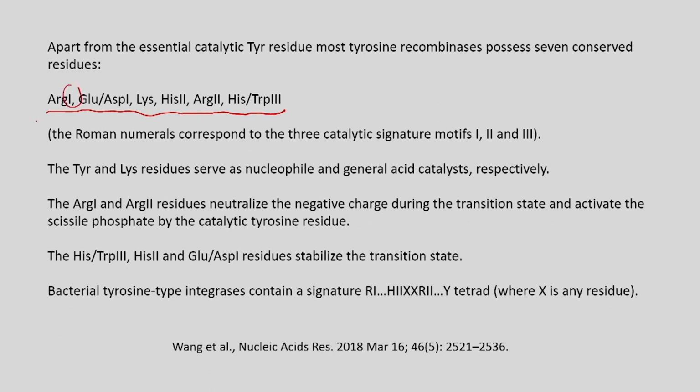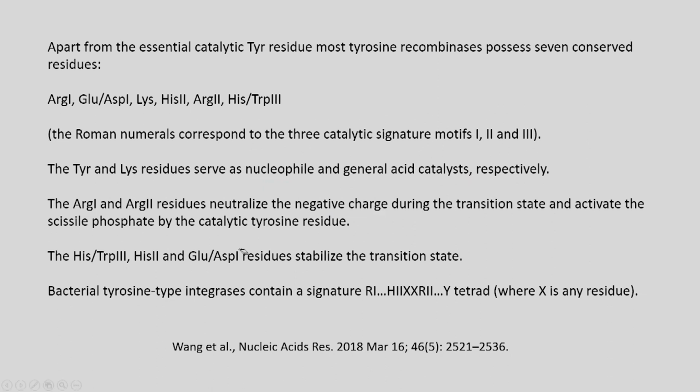These Roman numerals 1, 2 and 3 correspond to the 3 catalytic motifs 1, 2 and 3. The tyrosine and lysine residues serve as a nucleophile and general acid catalyst respectively. The Arg1 and Arg2 residues neutralize the negative charge during the transition state and activate the scissile phosphate attacked by the catalytic tyrosine residue.